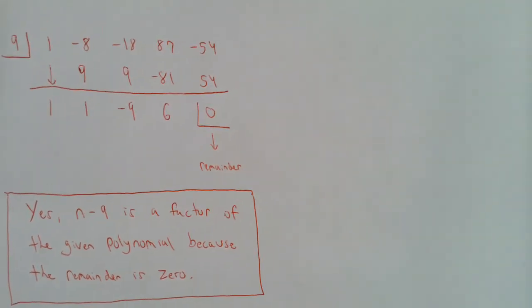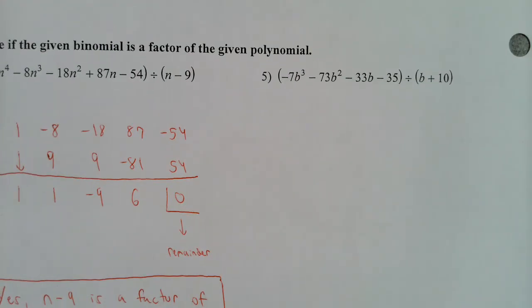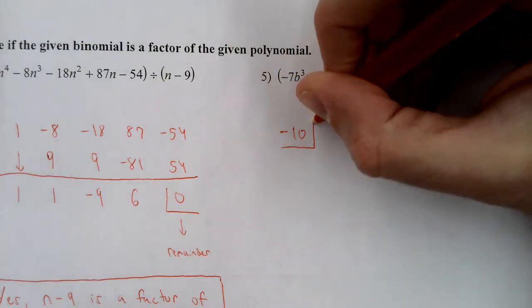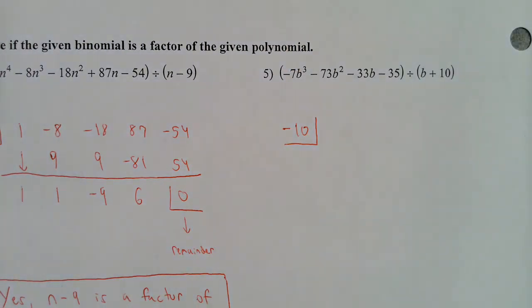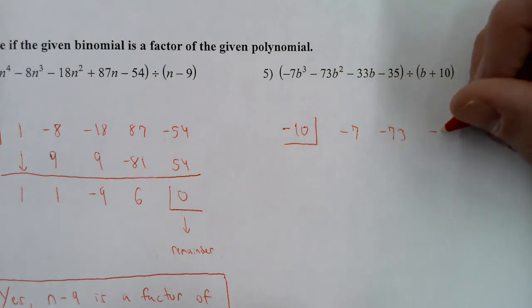And let's do one more like that. Okay, again, you're dividing, so it means you change the sign of the number in the box. So in this case, the number in the box is going to be -10. Then list your coefficients in order. Make sure you add a 0 if necessary.